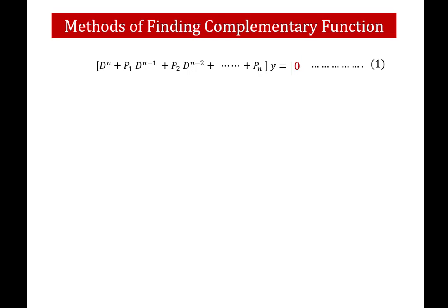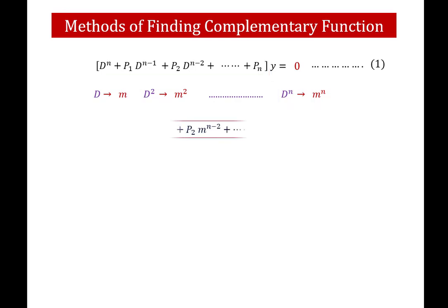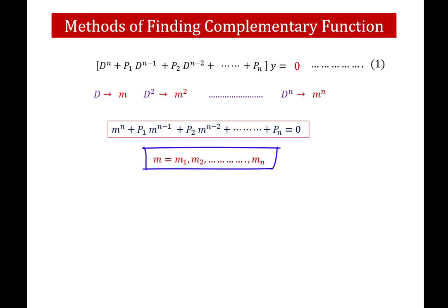For the auxiliary equation, we replace D square up to D power n by m square up to m power n in the coefficients of y, and we get the auxiliary equation, which is an nth degree polynomial in terms of m. So it has n roots, and suppose the roots are m1, m2 to mn.